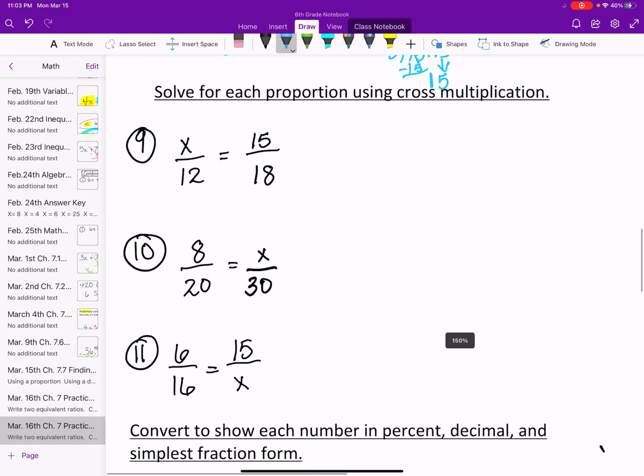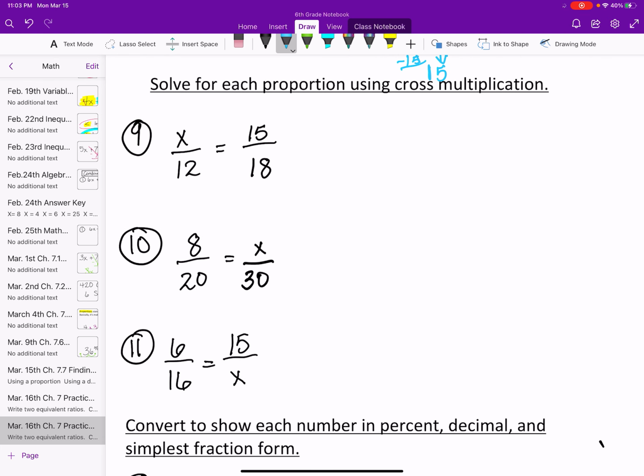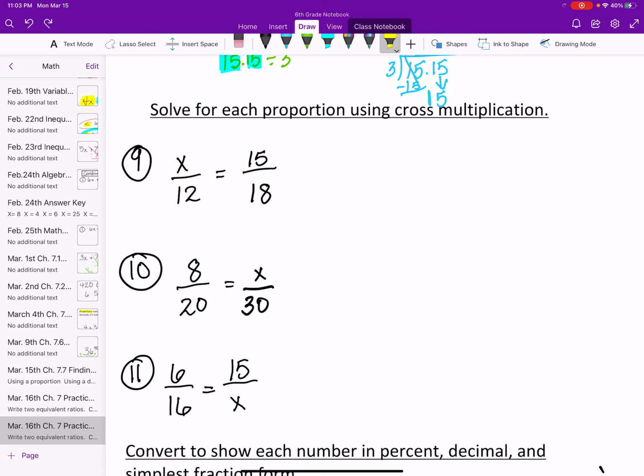Okay. Next section is that we're solving for proportions using cross multiplication. So remember, this is your crisscross, and you're setting up basically like an algebra problem. So I am taking x times 18 has to equal 12 times 15.